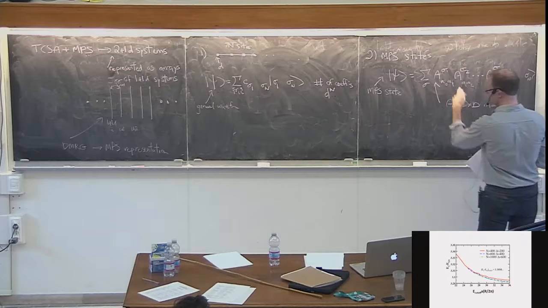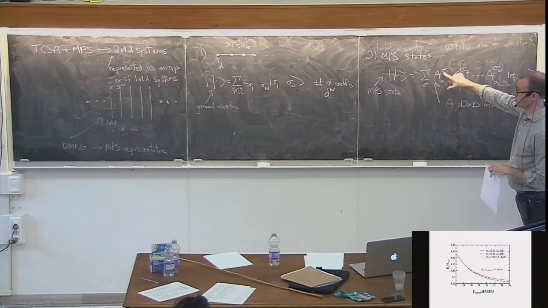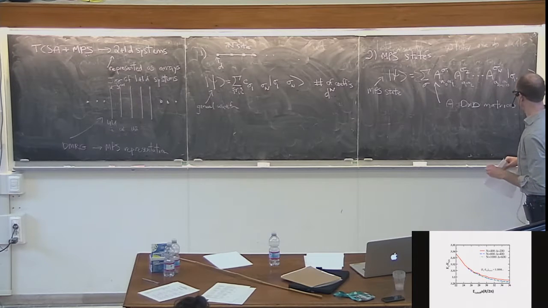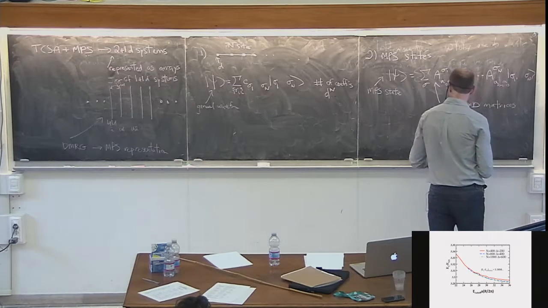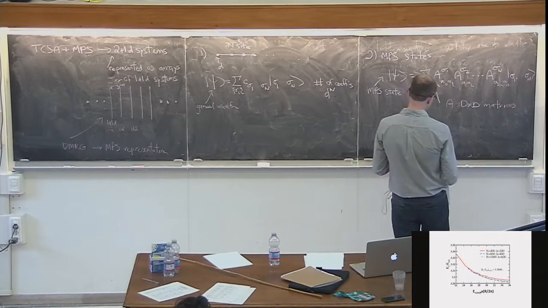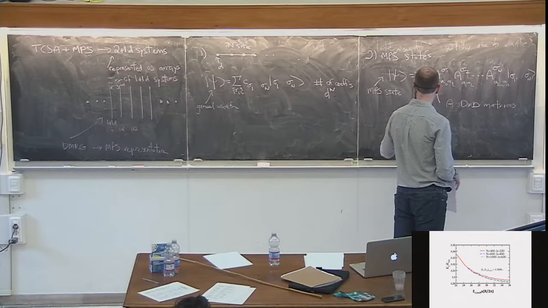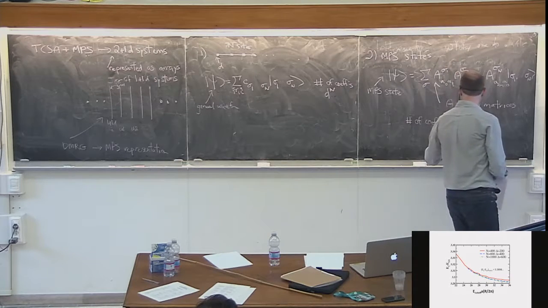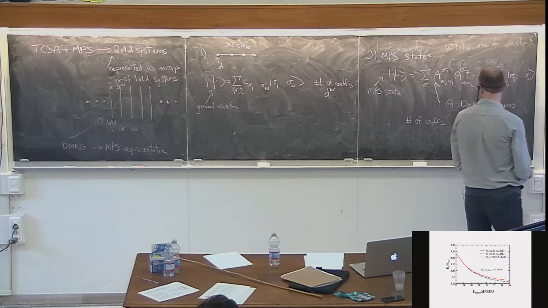You have d of them, one for each possible value of the physical index. And so the number of parameters that this representation allows you is d times N D squared.